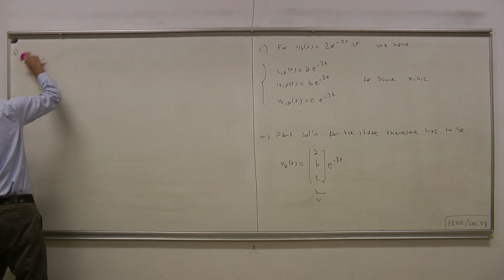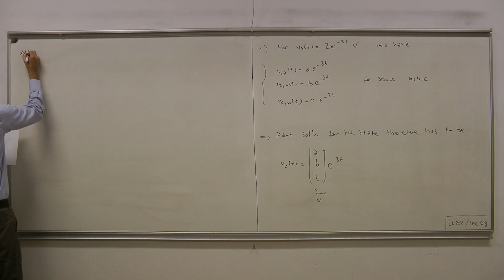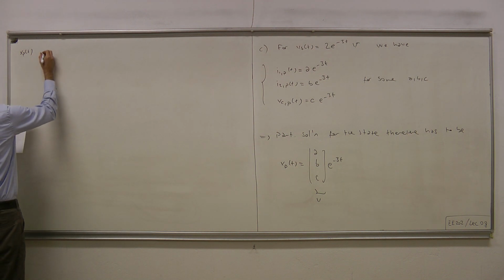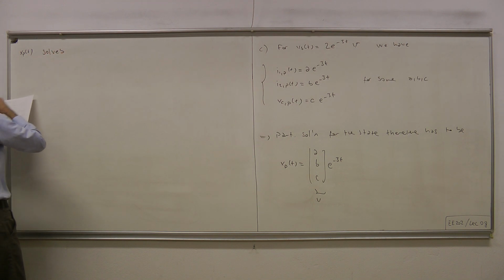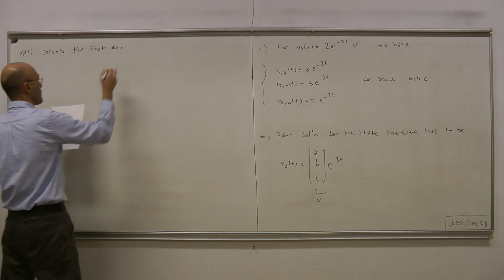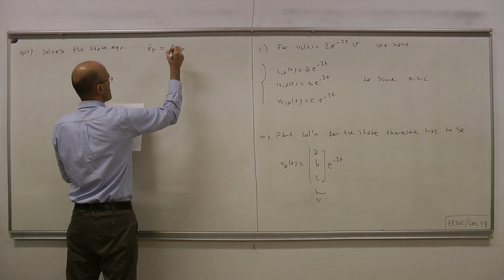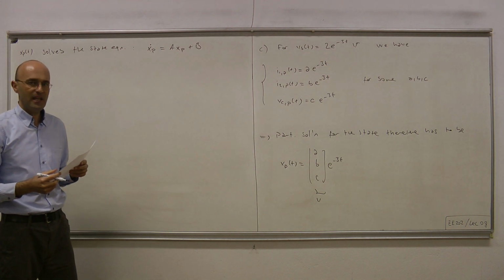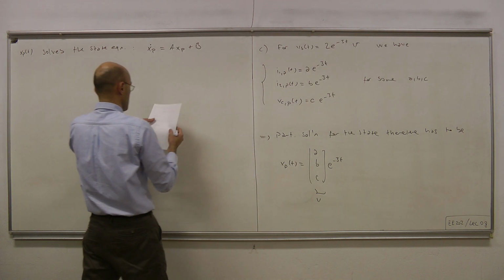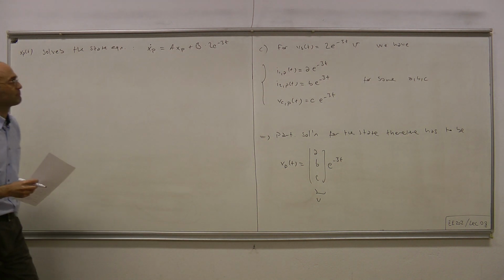And that will give us what we're looking for. So x_p(t), our particular solution candidate, has to solve the state equation. Namely, x_p dot must equal A x_p plus B times the input. Now, the input is not arbitrary, but we're talking about this particular one, 2e to the minus 3t.